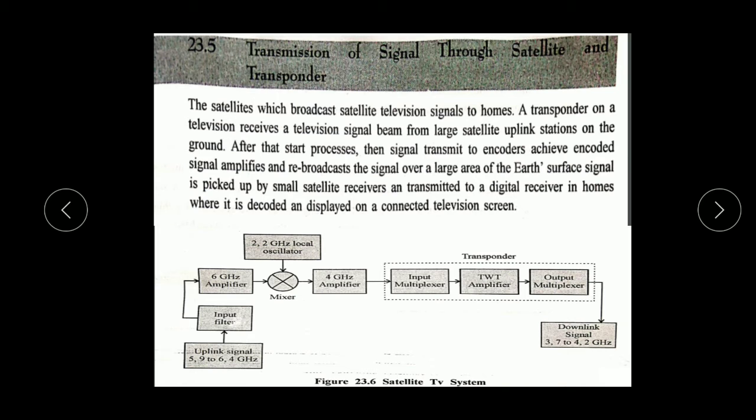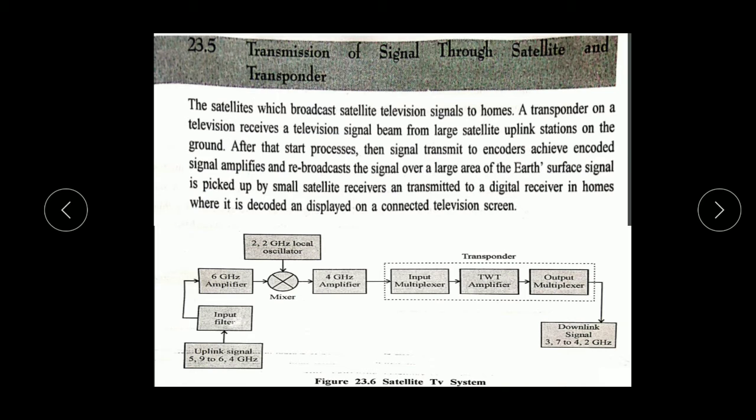This is the down-converted frequency from 6 gigahertz, and then we send it to the amplifier to enhance the power level of the 4 gigahertz signal. Then we send the complete signal into the input multiplexer, which multiplexes all the channels.